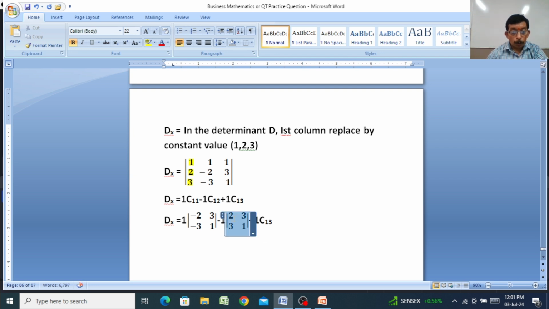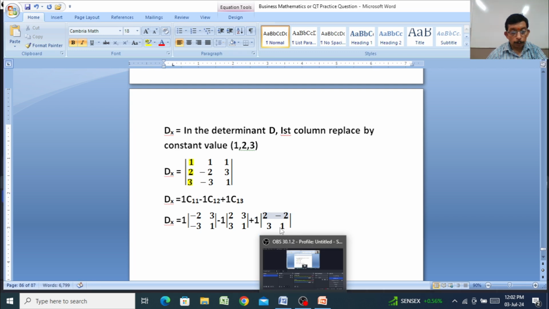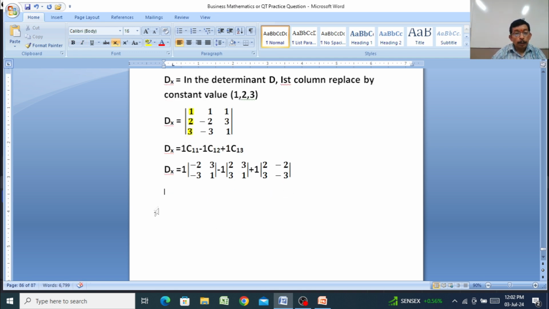Now C13: the first row, third column element is cancelled out, then 2, 3, -2, -3. Now simplify in the next step.